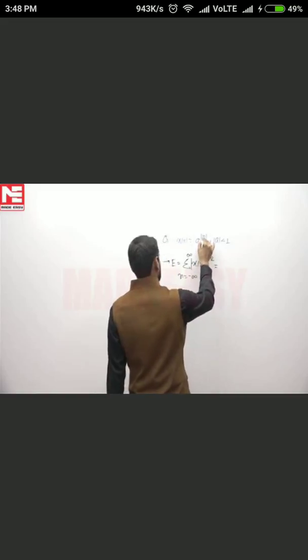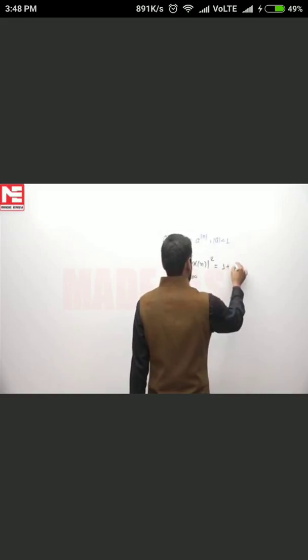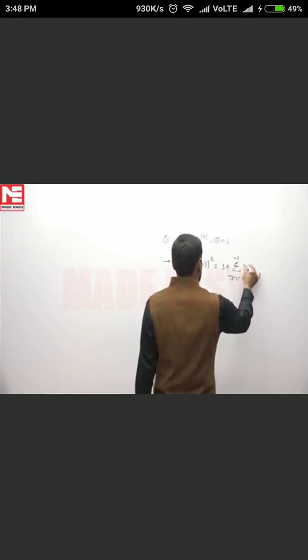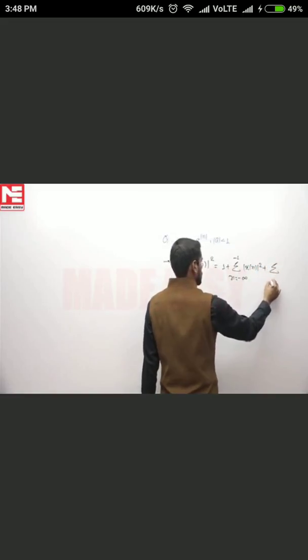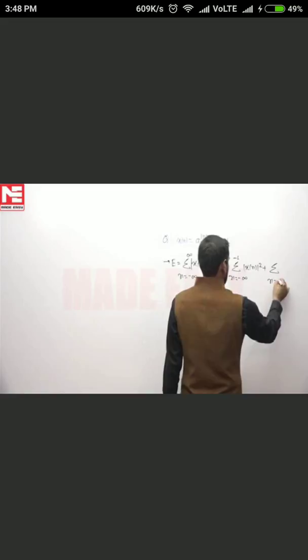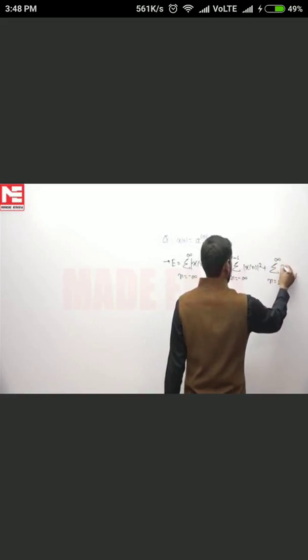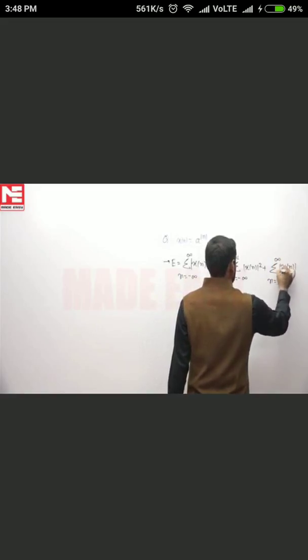For n equals to 0, if we put n equals to 0, then the first term will be 1. Now, for the remaining range, we can write down in this way, summation minus infinite to minus 1 mod xn square plus summation 1 to infinite mod xn square.